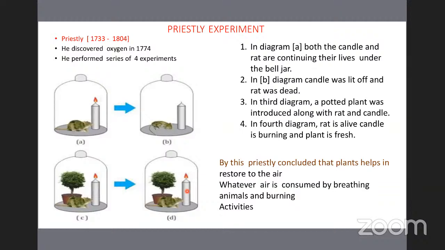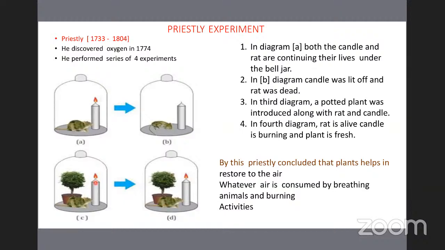By this, we can understand that whatever oxygen is used by both the rat and the candle is regenerated by the plant through photosynthesis. That means carbon dioxide is taken in and O2 is released into the bell jar. As a result, all three are safe.